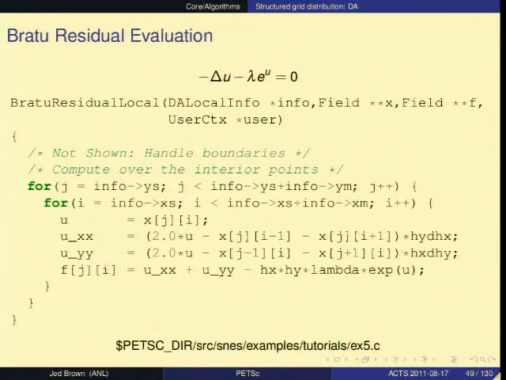So an example here for the Bratu problem, you just have a loop over the 2 dimensions of the structured grid. The value u, which we're going to use up here, is just the value at that point. This is the finite difference stencil.